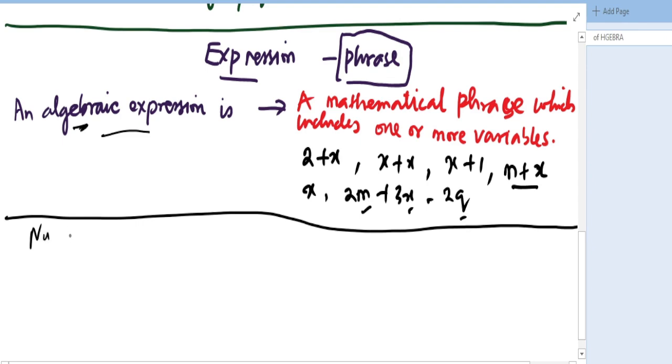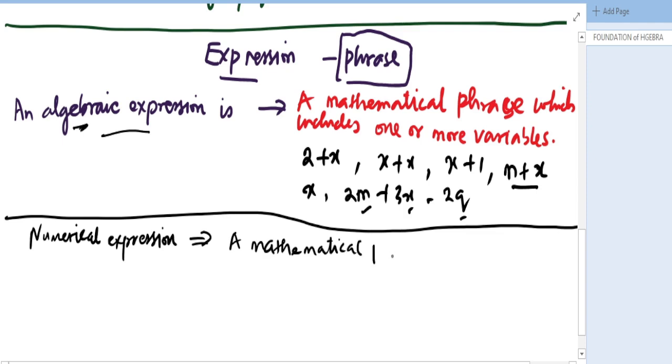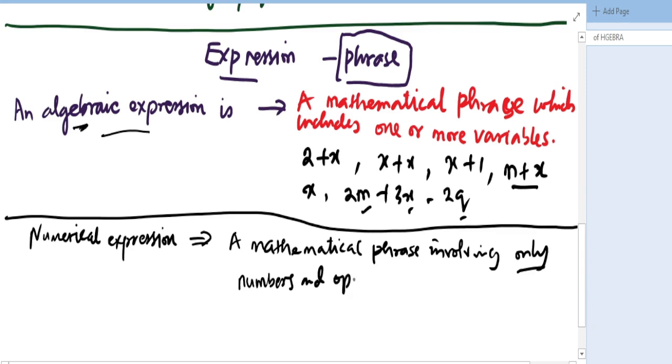A numerical expression is a mathematical phrase involving only, remember, only numbers and operations.